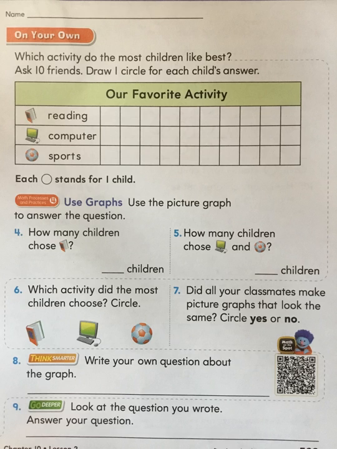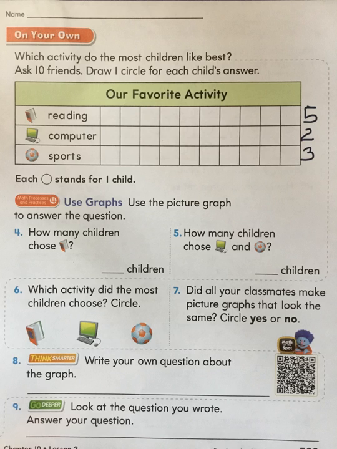So let's see. Let's say 5 children like reading the best, and 2 children like computers the best, and 3 children like sports the best. So when I look at my numbers, 2 plus 3 equals 5, and 5 plus 5 equals 10. So I have my 10 friends.